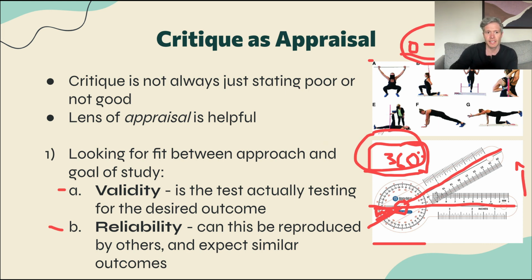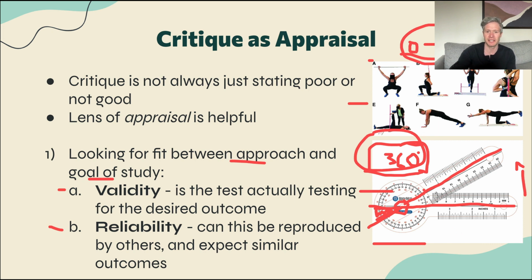Okay, good. Yeah, so those are two points that we're looking for: the fit between the approach and the goal of the study. My approach is trying to assess range of motion. Is it valid to use an FMS or is it valid to use a goniometer? Which one has more validity? I think that's a little bit up for debate.